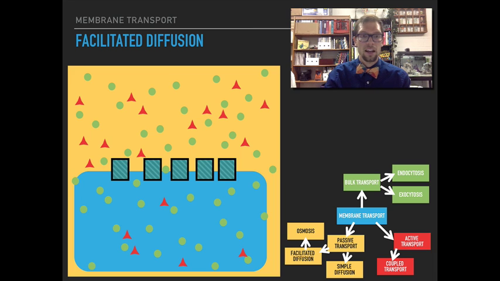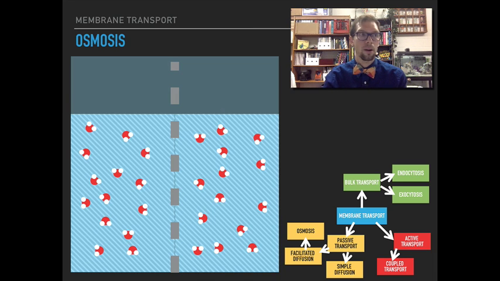Now, there is a specific type of diffusion known as osmosis. So osmosis is the diffusion of water particles across semi-permeable membranes. Now, water can diffuse across the cell's membrane, but it does this very slowly.